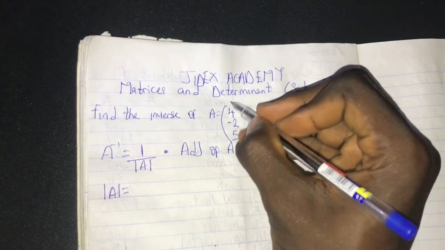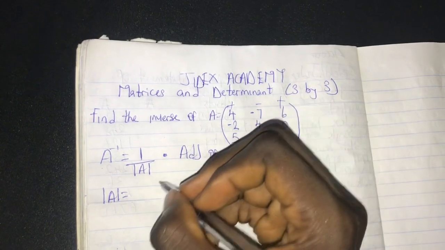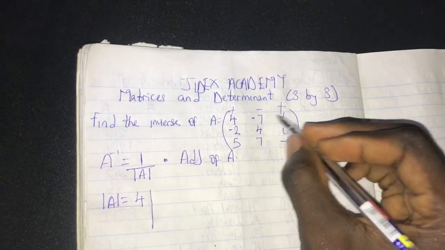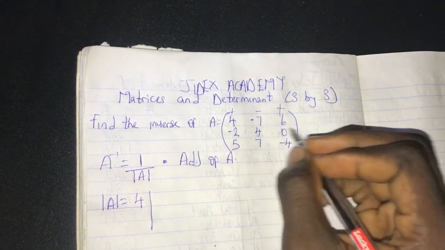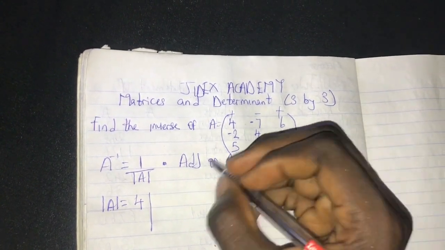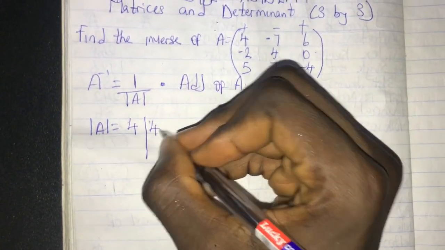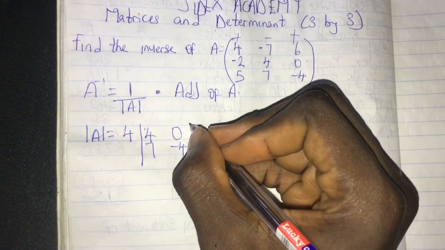So it's the determinant of A. Remember, it is plus minus plus for the determinant. So we have 4, then you close up the row and the column. You are left with 0, 7 and what? Minus 4.